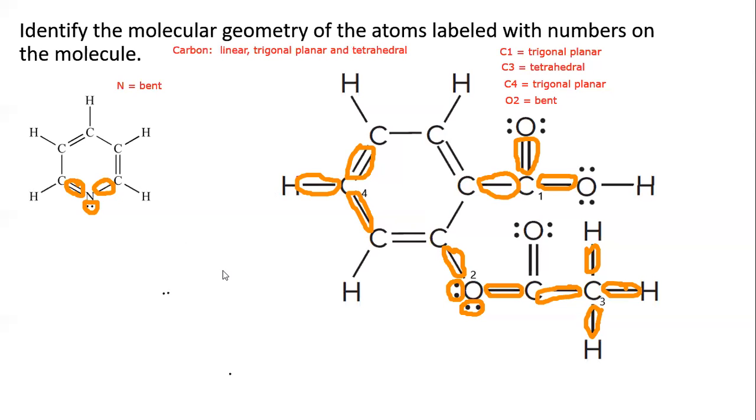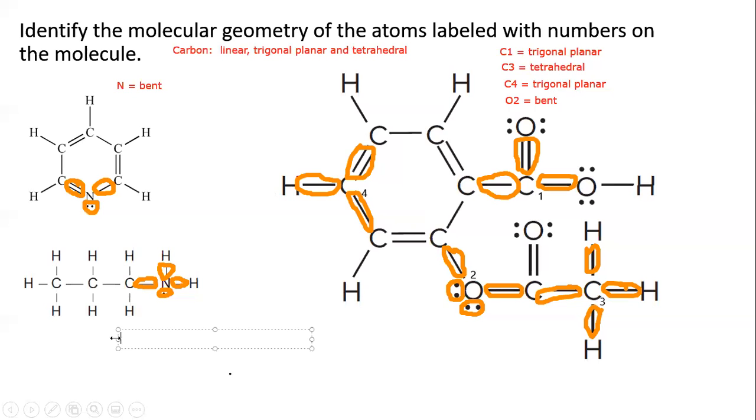The other example of a nitrogen organic molecule is something like this. And here we see that nitrogen has 3 single bonds and 1 lone pair of electrons. And so here nitrogen would be trigonal pyramidal. And these are the most common types of, you could call them bonding motifs of nitrogen.